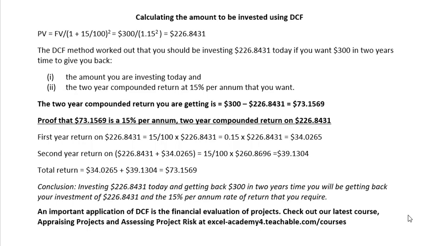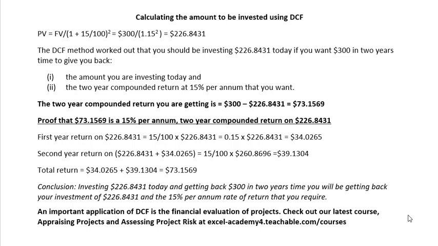This is what is known as compounded return. 15% of $260.8696 is $39.1304. The second year return is $39.1304.